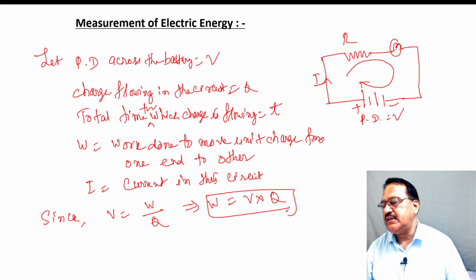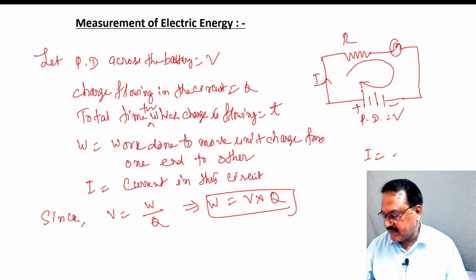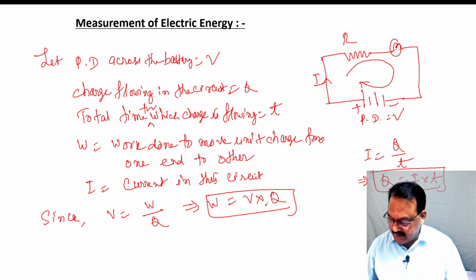We know what is current. Current is the rate of flow of charge. So we can write I is equal to Q by T. This is the rate. So in place of Q, what we can write? Q is equal to I into T. Okay, we'll put this value in this equation.